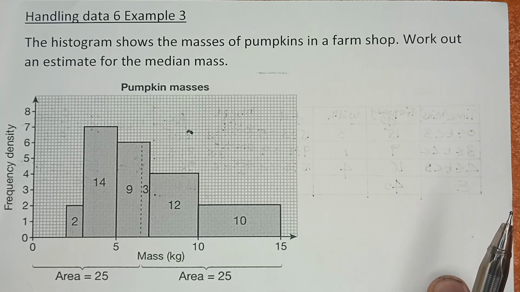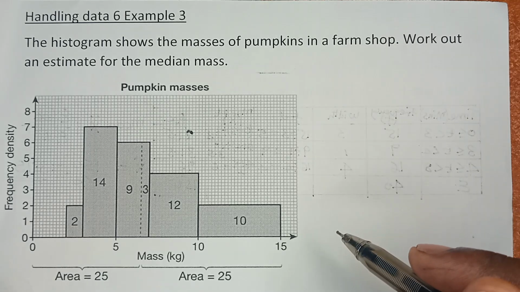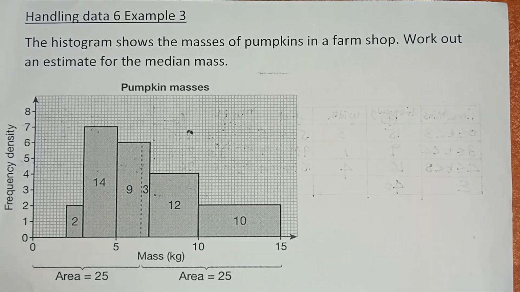Now, what we are faced with here is a histogram, because you can see the frequency density, and of course you can see the masses, and the median mass is the mass that comes right at the middle.